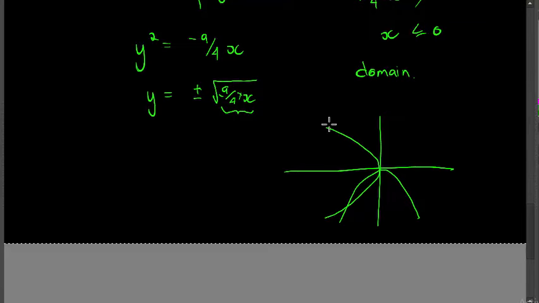You can see this graph is a reflection of this one. Just where this one is going towards the negative y values, when I swap x and y, I'm going to get a graph that grows towards the negative x values, and that's why it's this way around.